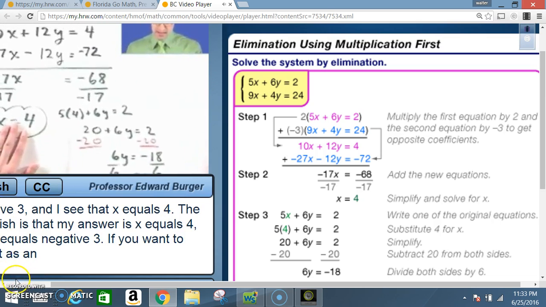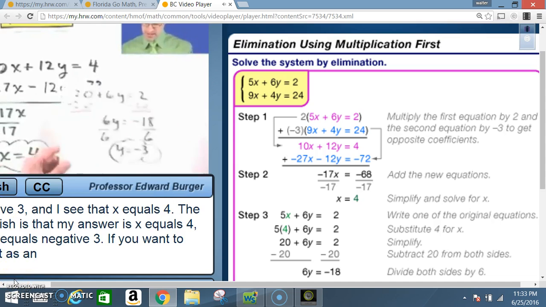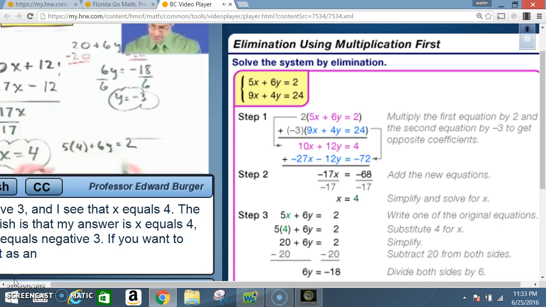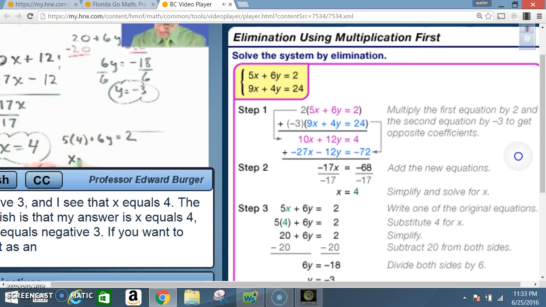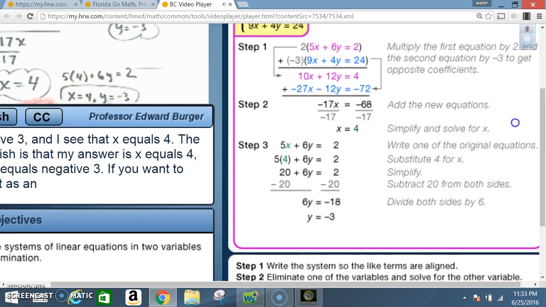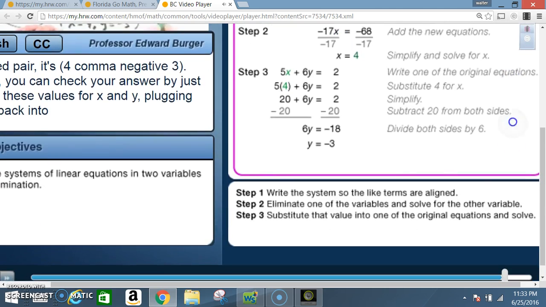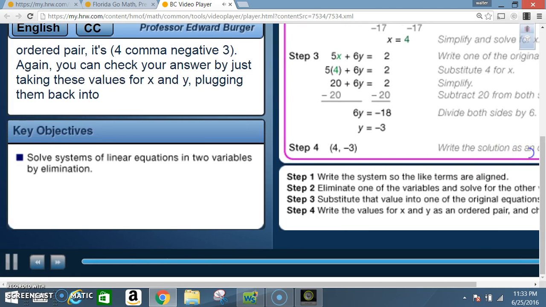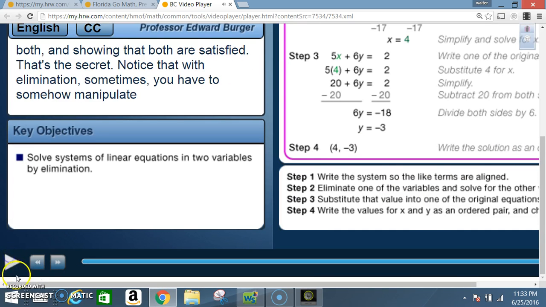I see that x actually equals 4. We've already found that. And so the big finish is that my answer is x equals 4, y equals negative 3. Or if you want to write it as an ordered pair, 4 comma negative 3. And again, you can check your answer by just taking these values, x and y, and plugging them back into both and showing that both are true.